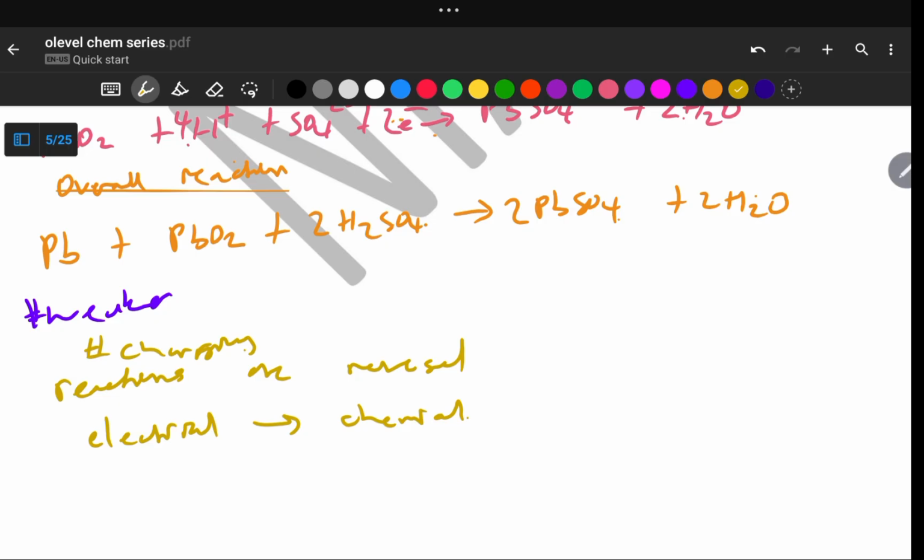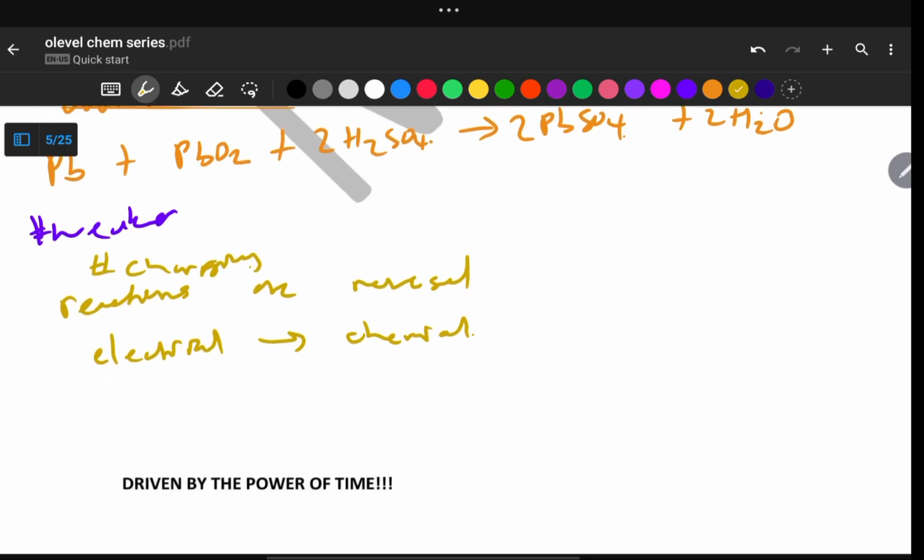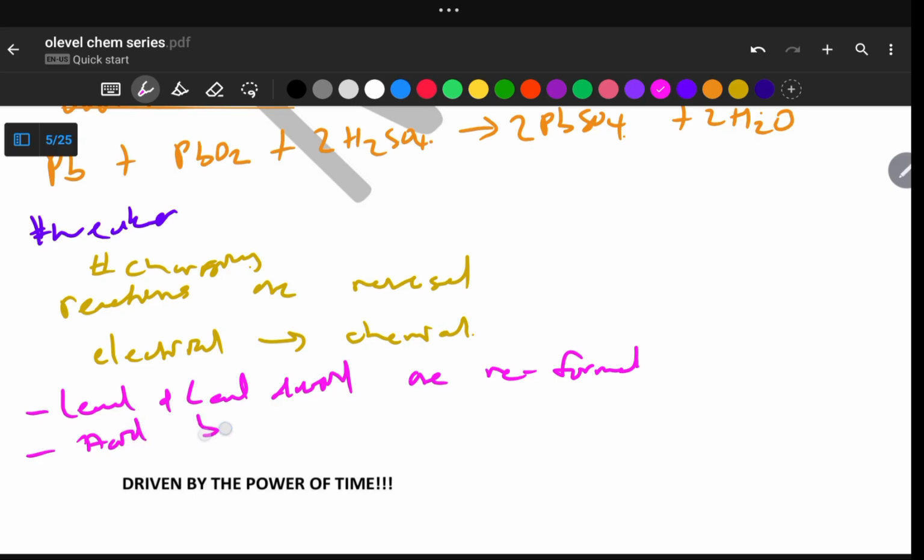So when charging the battery, lead and lead dioxide are reformed again, and then the acid becomes stronger again, and also the cell regains its charge.